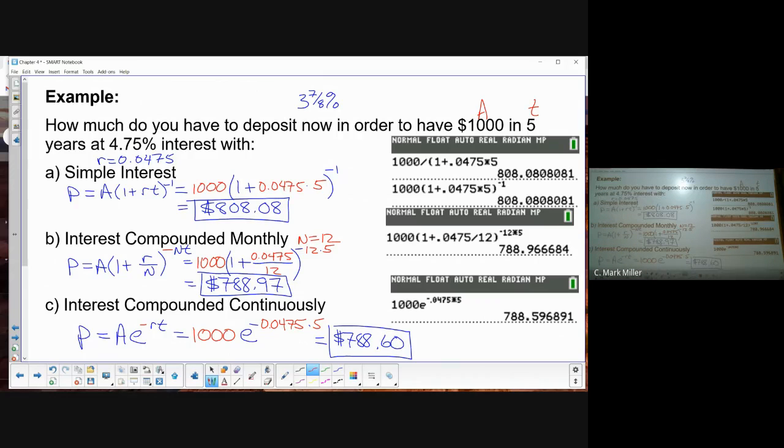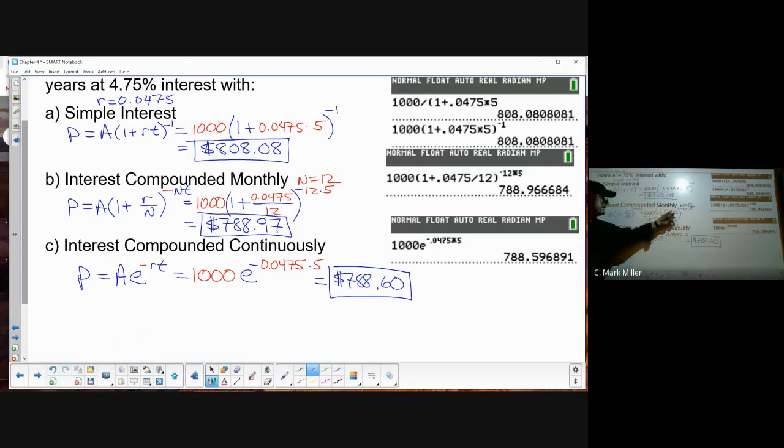One, it shows me that you knew where that number came from, and it didn't come from somewhere else. Number two, it allows me to give partial credit, because you can miss just one of these numbers and your answer be off by a lot. You miss that negative sign, your answer is off by a lot.